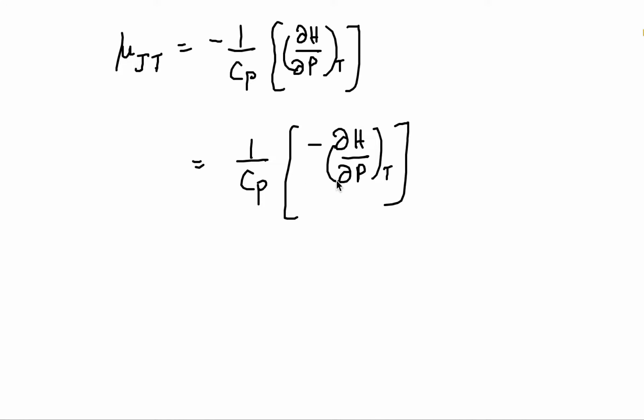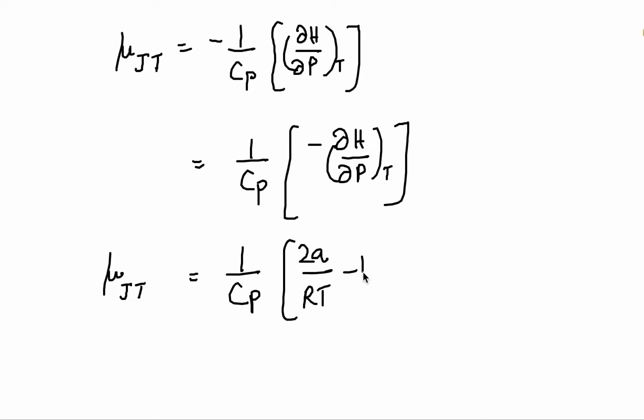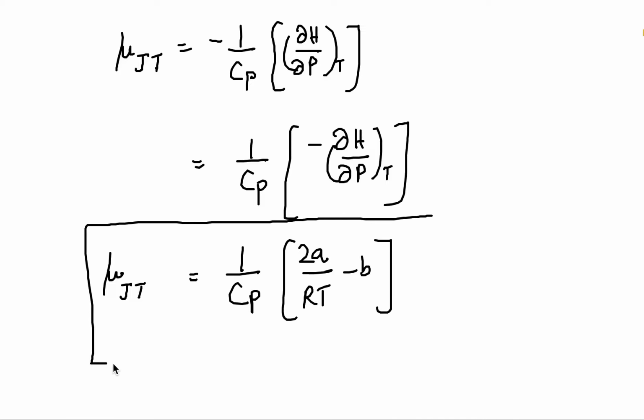Now I replace this with 2A/RT minus B that we got earlier. So μJT is going to be 1 over Cp times (2A/RT minus B). This is the expression for the Joule-Thomson coefficient for a real gas. And what does it indicate?